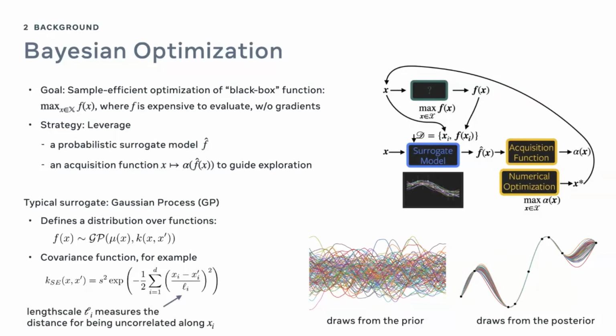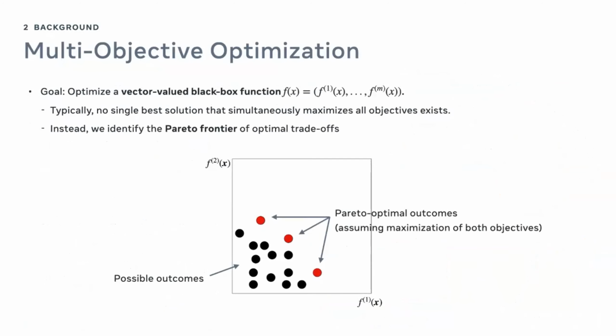So the other component that we'll need here is multi-objective optimization. We don't want to optimize some kind of scalarized metric. We want to really explore the trade-offs. So we have a vector valued black box function. Typically, there isn't any single best solution that maximizes all of the objectives at the same time. So we want to explore the Pareto Frontier of optimal trade-offs.